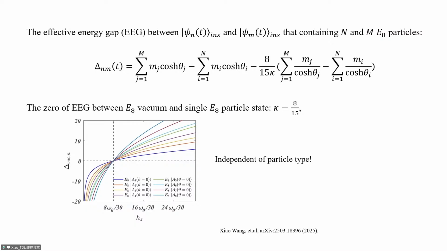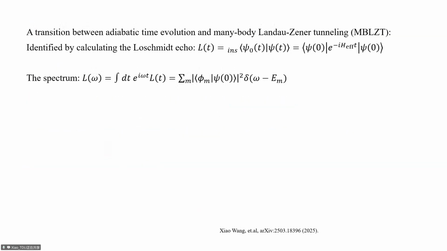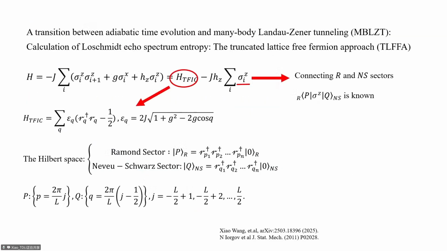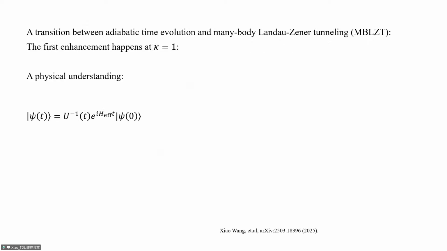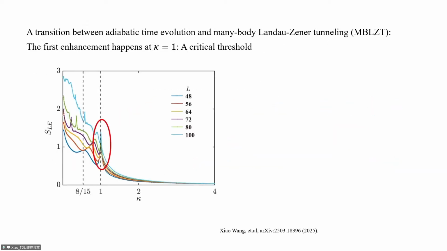Effectively, I have the ground state here and the single particle state here, and once kappa is smaller, the positions of these two states switch. So the ground state is now effectively at higher energy. This is the basic understanding of kappa equals n over 15: it is the ratio, the zero of the effective energy gap for the single particles.